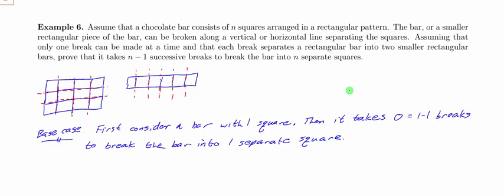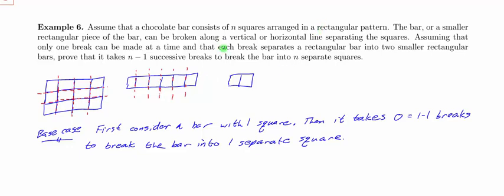Now in this particular example, we're not going to need any additional base cases, but if this was unsatisfying because maybe you think, well, I want a situation where I have to actually break the bar, well then you could also look at a base case where you have 2 squares, and that's going to be easy enough.